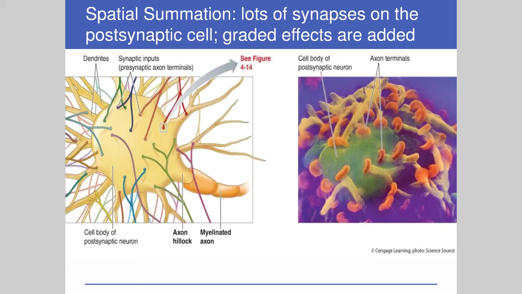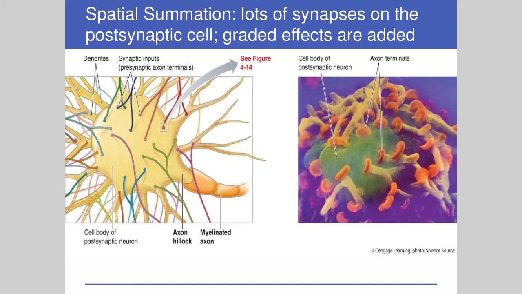That's a lot more sodium flowing in. And again, they float through the cytoplasm. And if it causes the axon hillock to reach threshold, then we've stimulated this cell. Okay, and that action potential is going to be produced down the axon.